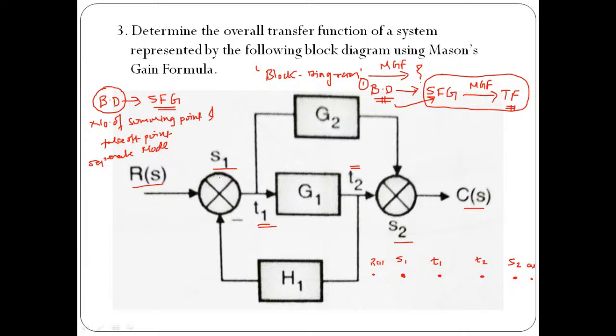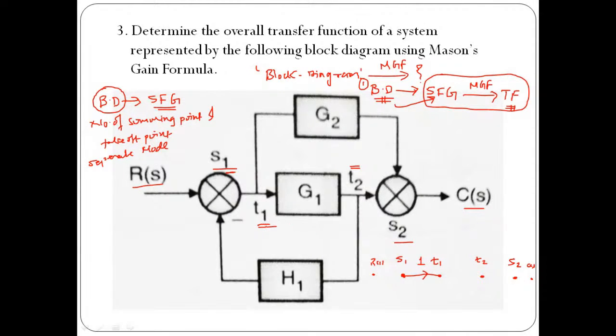For example, in between the summing point and the takeoff point, we don't have any, what we can say, signal. Actually there is a signal, but we don't know what exactly the signal is. So how are we going to represent it? We need to club these two by providing a signal flow gain exactly equal to 1.